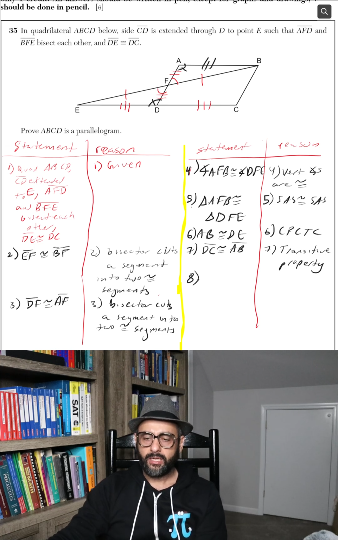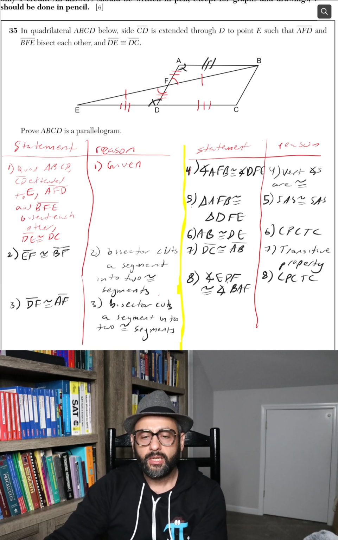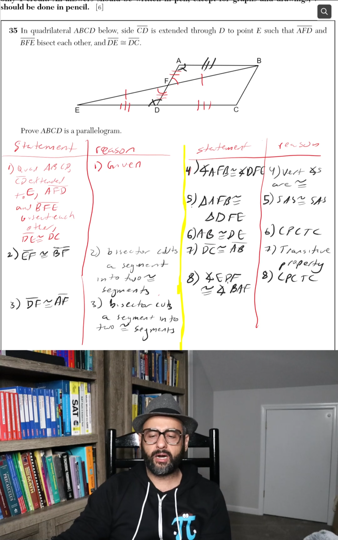So 8 is that angle EDF is congruent to angle BAF for the same reason as before. It's corresponding parts of congruent triangles are congruent. So 8, CPCTC. And now that I have that those 2 angles are congruent, then the top and the bottom are parallel.